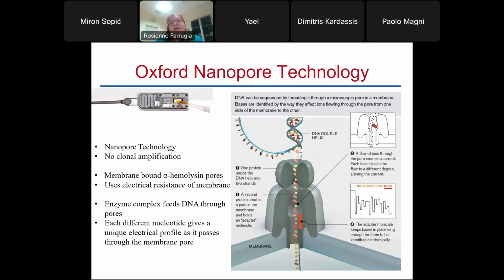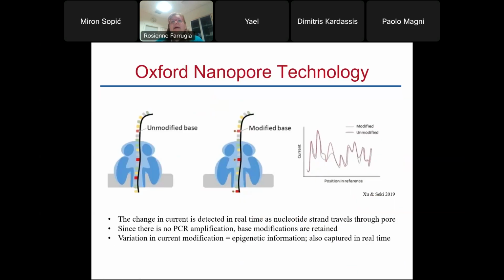The good thing about such a technology is that modified bases, so bases which are methylated or acetylated or have any other modification bound to them, will block the current differently. So in this example, we have G nucleotides, for example, here in red, and the modified G nucleotide, a G with a methyl group, also here in red.